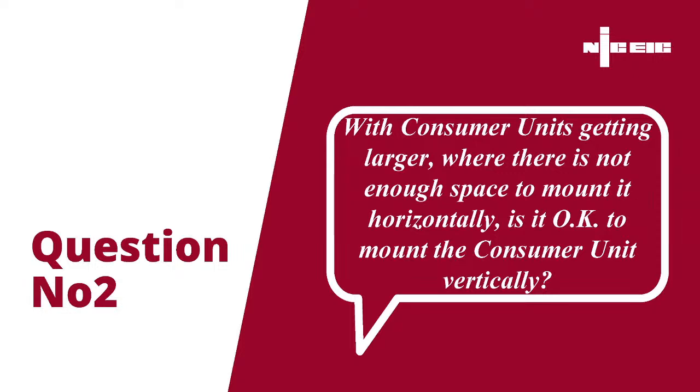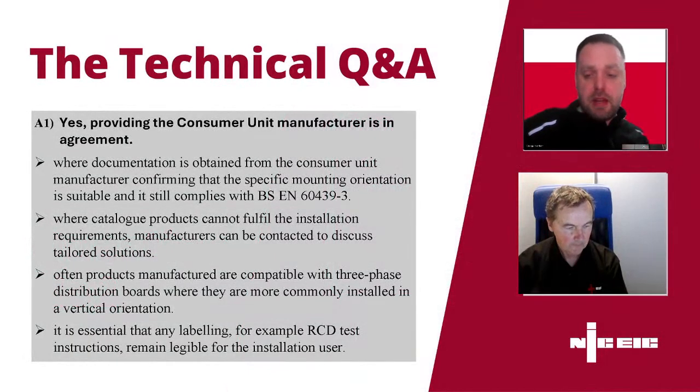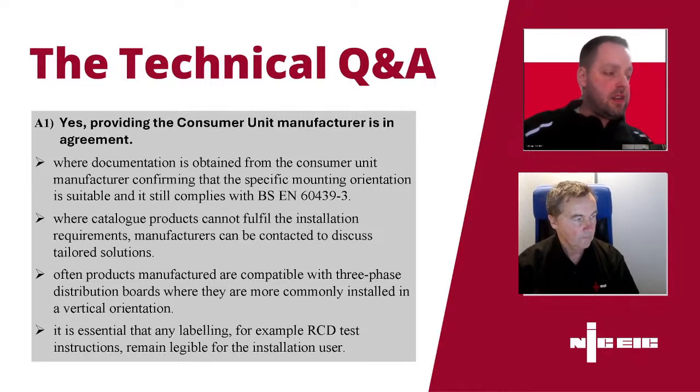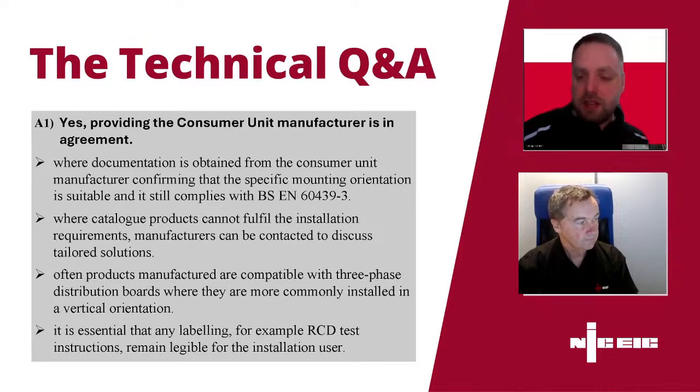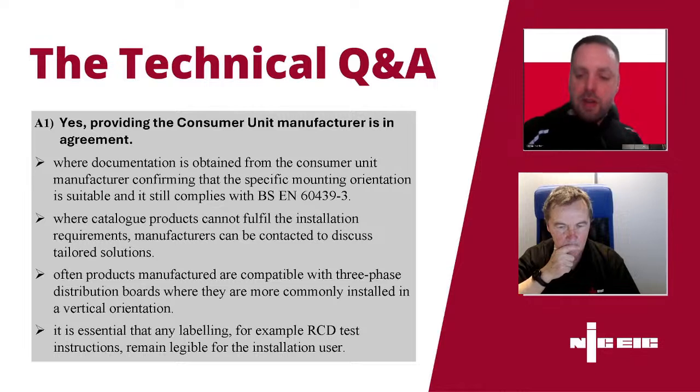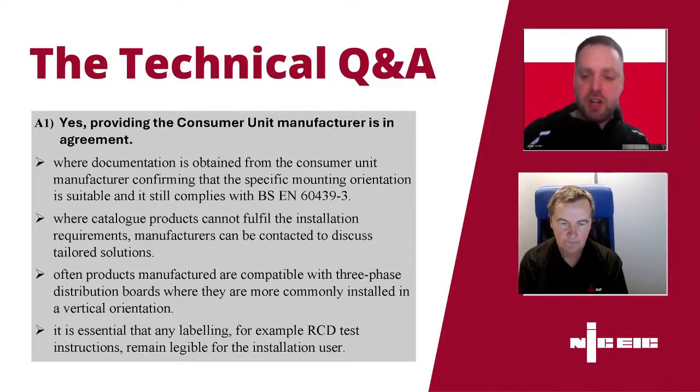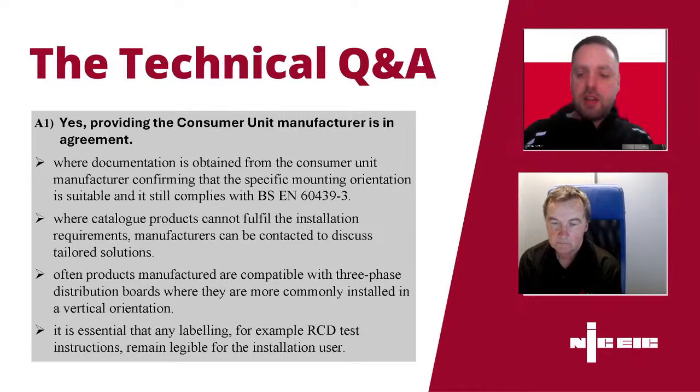Yes. Theoretically, yes, providing that the manufacturer is in agreement, just to confirm that the documentation states it's suitable for that orientation, and that the consumer unit will still comply with the relevant BS EN 60439-3.